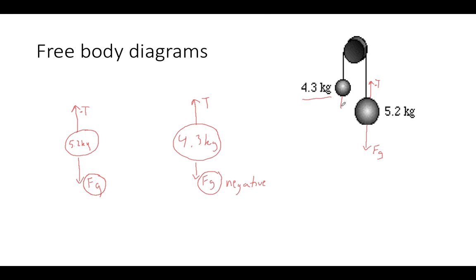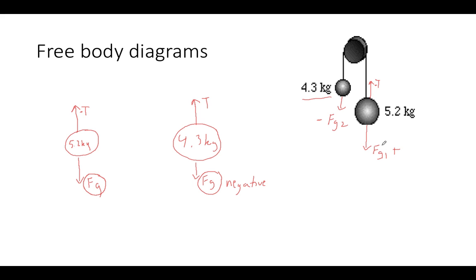So we can call this Fg1 and it's positive, and we can call this Fg2 and we consider this negative. And that's because it's pulling opposite the direction of motion. So remember, direction of motion is always positive.